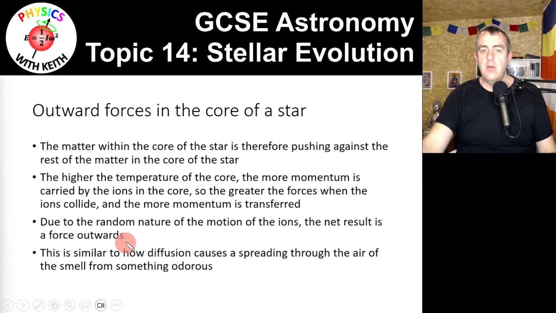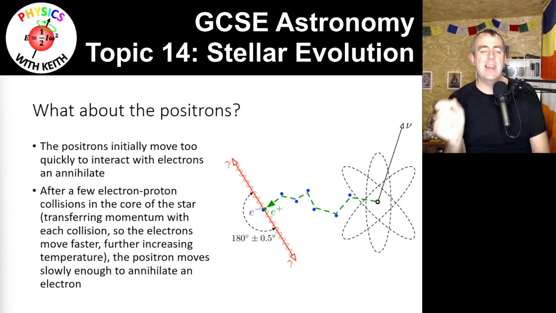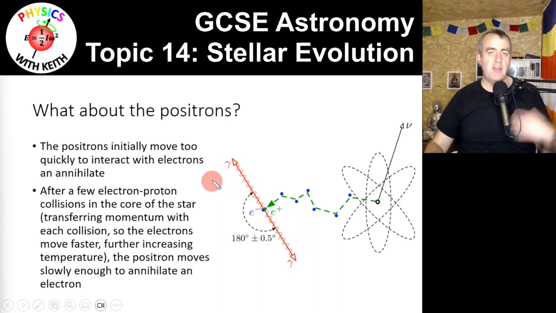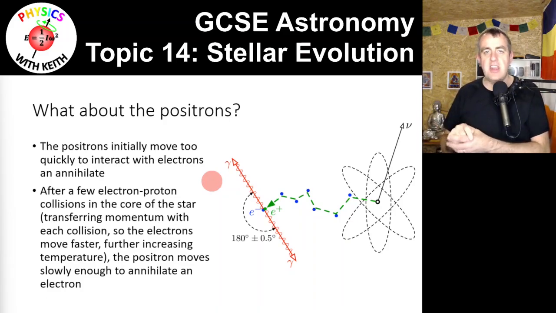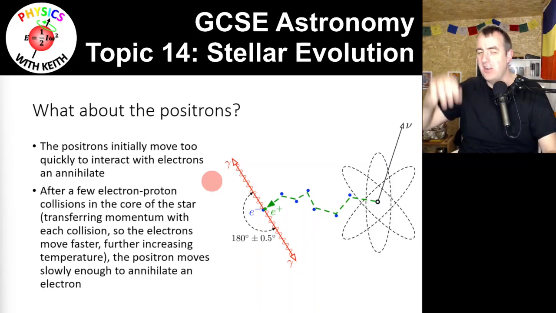Now, what about those positrons? What happens to those positrons? Those positrons will annihilate with electrons. So it doesn't happen immediately. We always say, look, when matter and antimatter come together, there's annihilation, loads of energy is created. Again, if you don't like it, I'm not going to say it again.